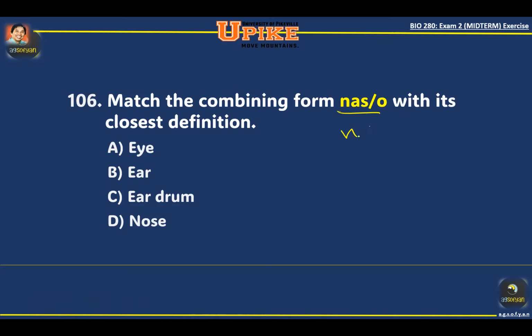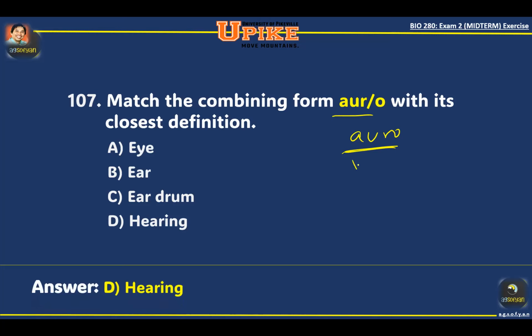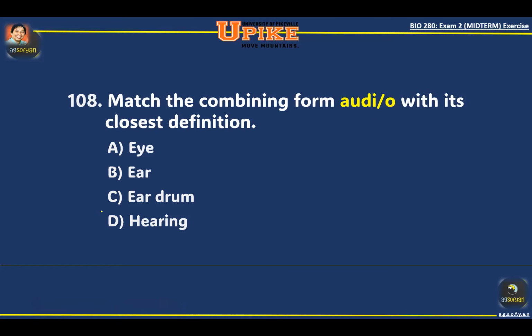Naso, nasal, nose. Very easy, very close. Naso, nose. Auro means hearing. It's related to the ear, so this is hearing. How about audio? It's the same. This is also hearing.